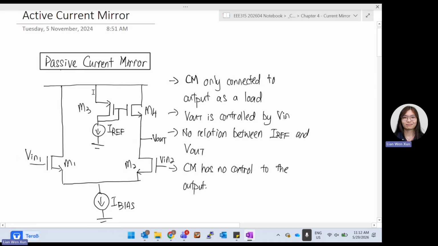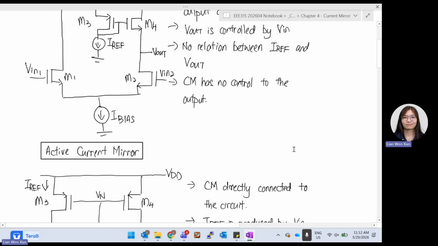Basically IREF is not controlling my V out a lot. It's directly controlled by V in. The output over here is controlled mainly by your V in. So this current mirror over here is passive. It is not very useful because it has no control of the output. But in some cases, we might need this to control the resistance.